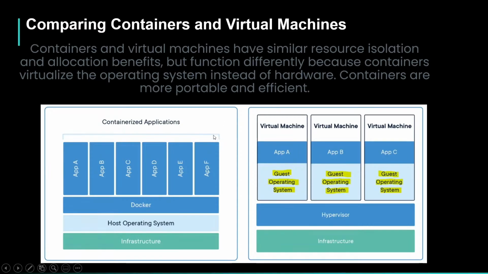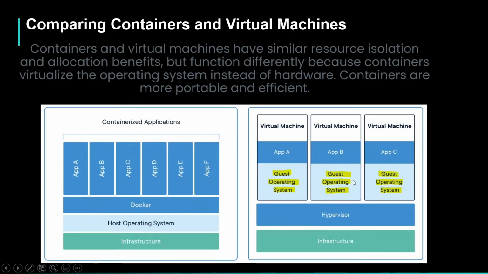If you take a look here at the image, with a container, you have the infrastructure, you have the host operating system, you have Docker, and you have all your applications running there. And what happens with the virtual machines? You have the infrastructure, you have the hypervisor, and for every virtual machine, you have a copy of the complete operating system.